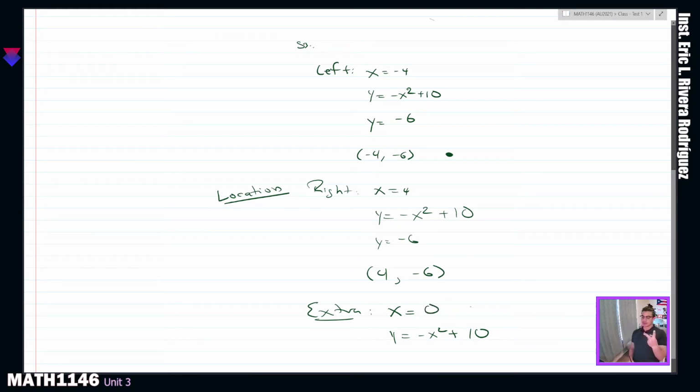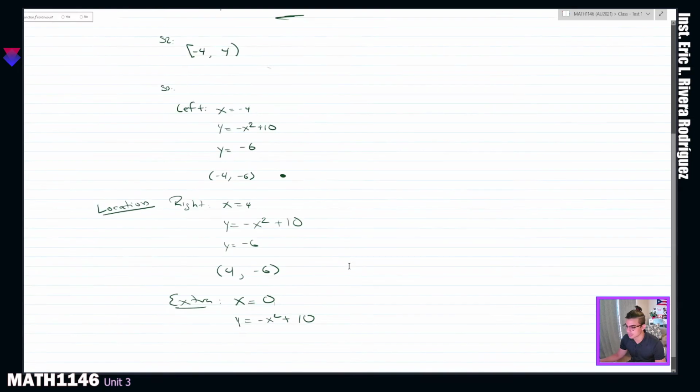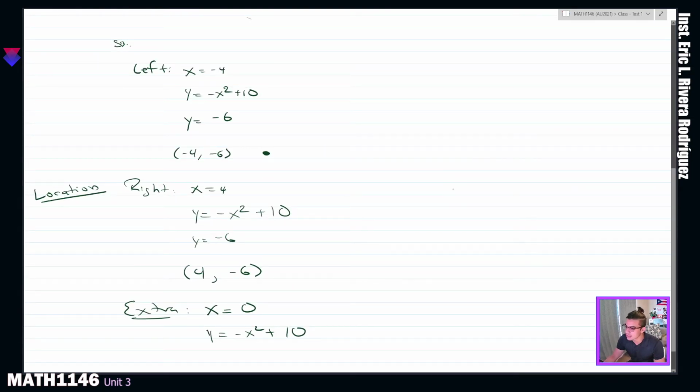There are two reasons why we want to use 0. The first one is because it's the easiest value to work with. And the second one is that, for a moment, let's just see the shape of a parabola. Having 3 points is what we need to draw the shape of a parabola. But this point here in the middle is the one that is called the vertex. And this point is essential.